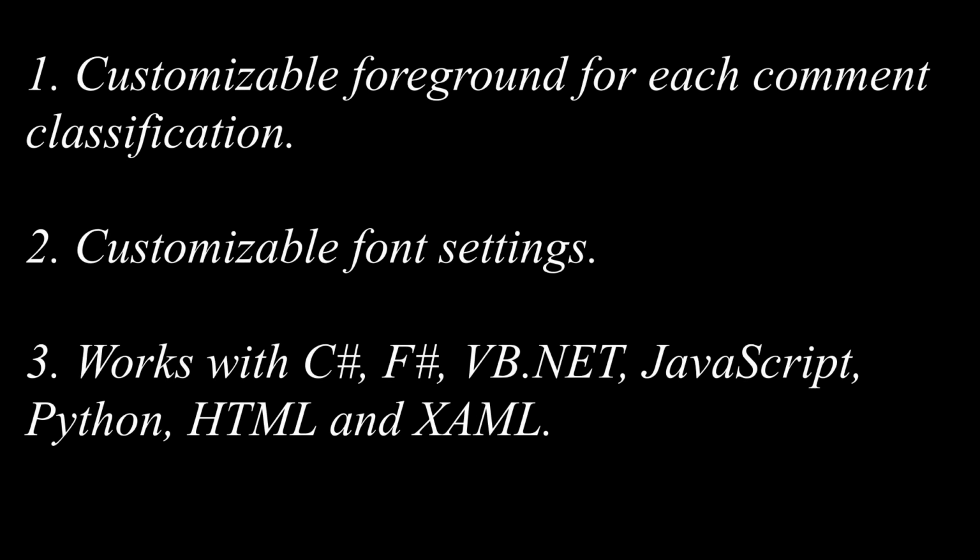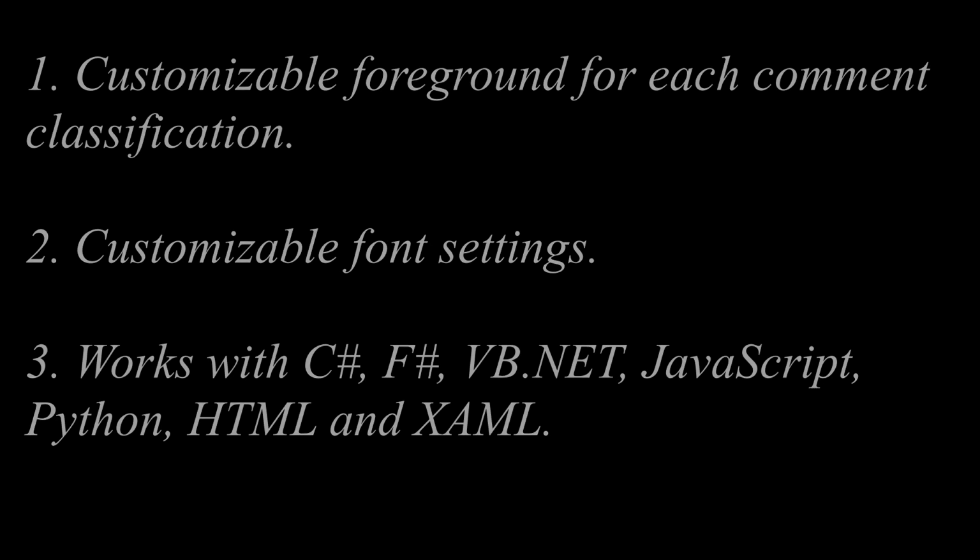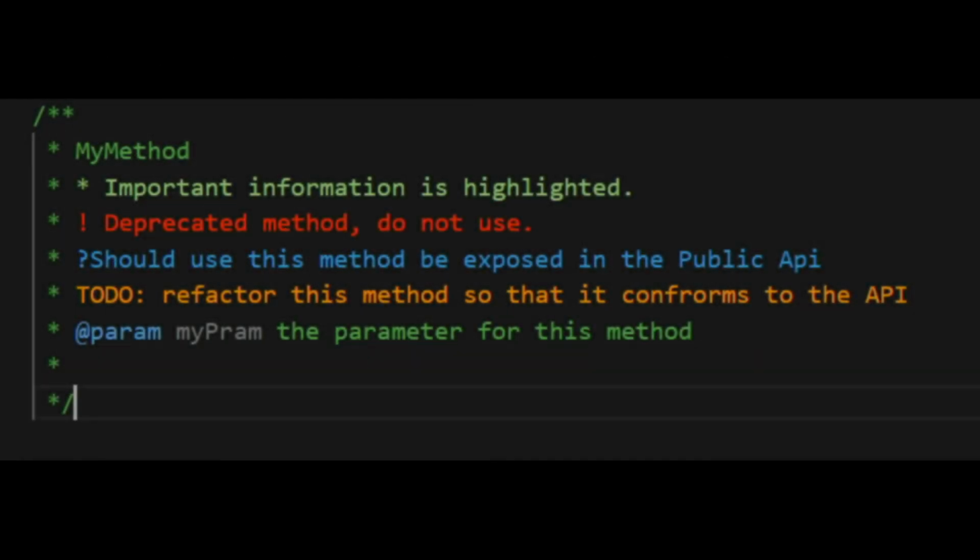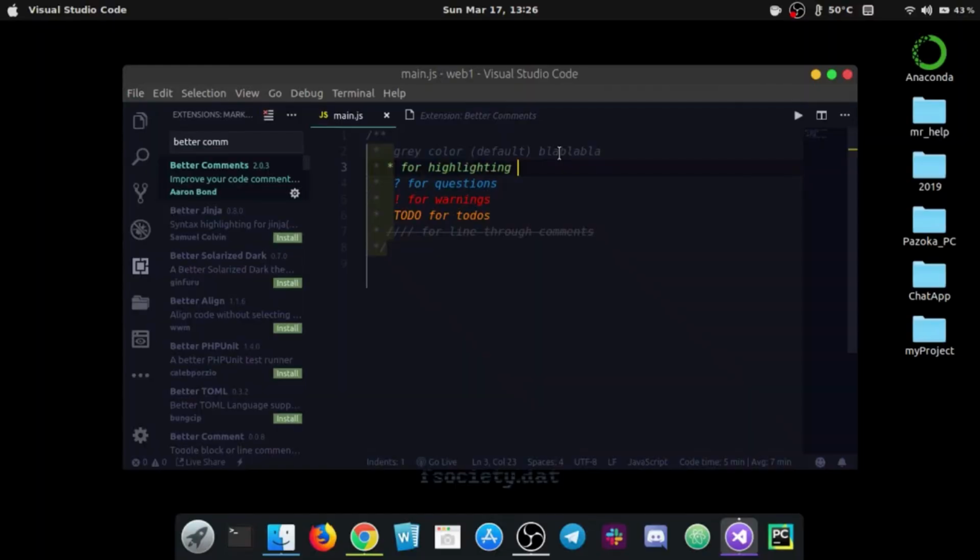Some good features about the Better Comments extension are a customizable foreground for each comment classification, customizable font settings, and it works with C#, F#, VB.NET, JavaScript, Python, HTML, and XAML. I highly recommend Better Comments if you work in an office environment.